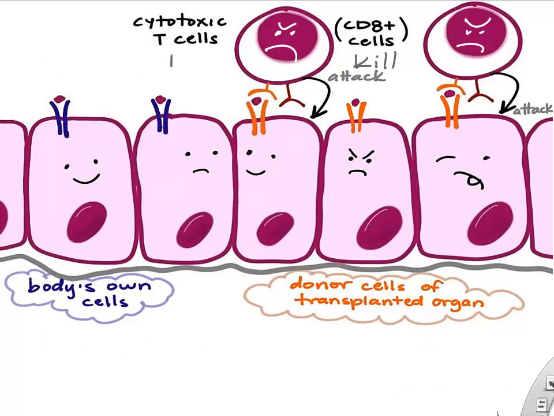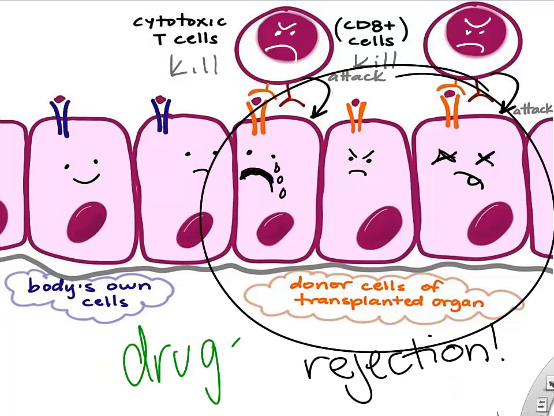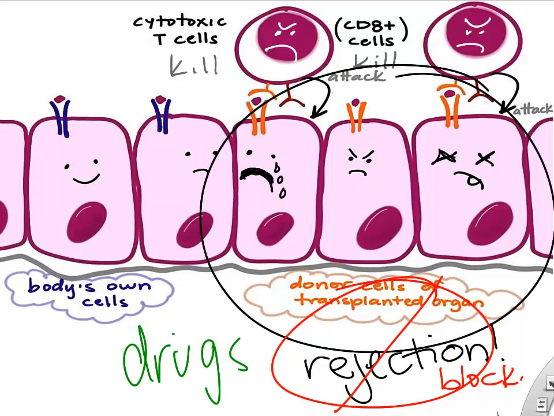So again, think about what happens when you get a transplanted organ. What could the rejection be? It could be your cytotoxic T cells killing your new organ cells and basically rejecting and destroying them. Also, another problem might be your antibodies actually destroying them as well.